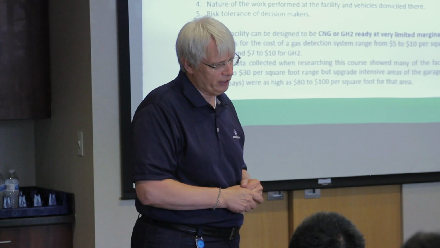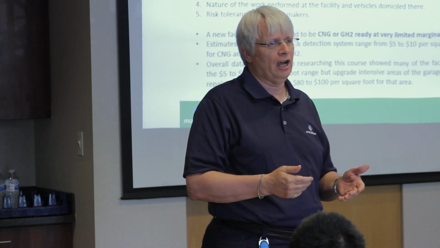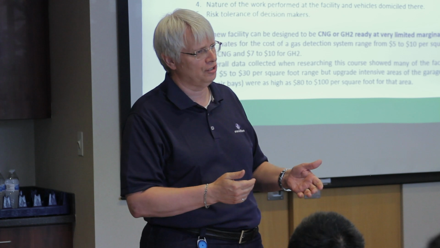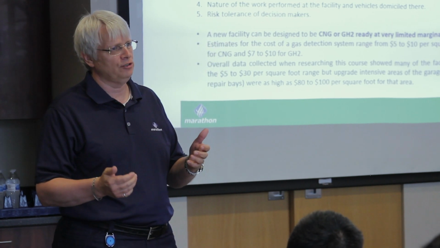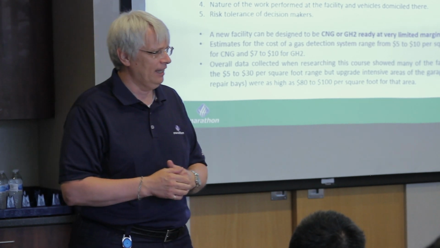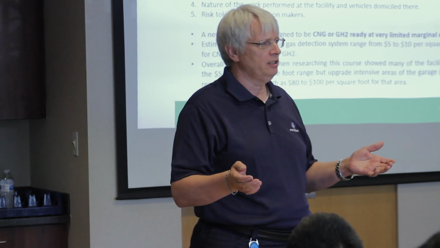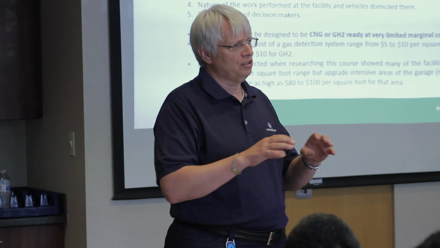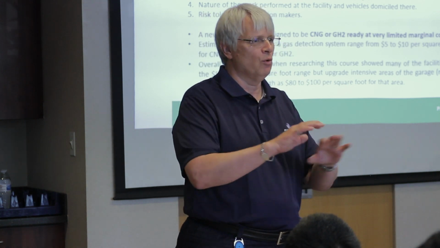But when you're retrofitting, it's a different story. So what we have seen in terms of costs for gas detection systems is something in the $5 to $10 per square foot range installed. So that's equipment plus installation. And that's a pretty big range, but if you have a large facility, the cost of things like control panels gets amortized over more square footage.